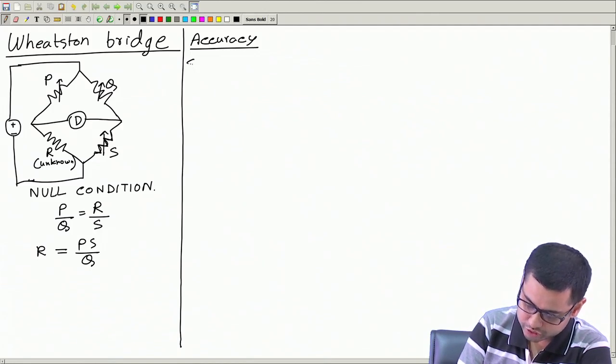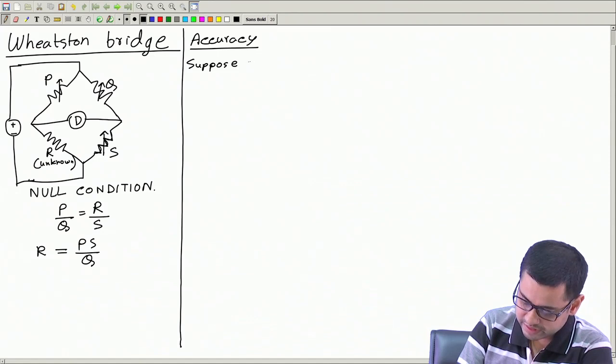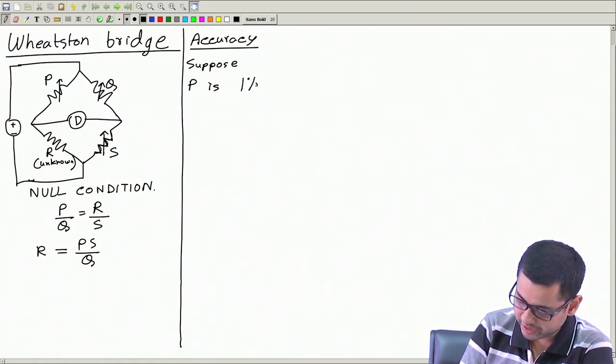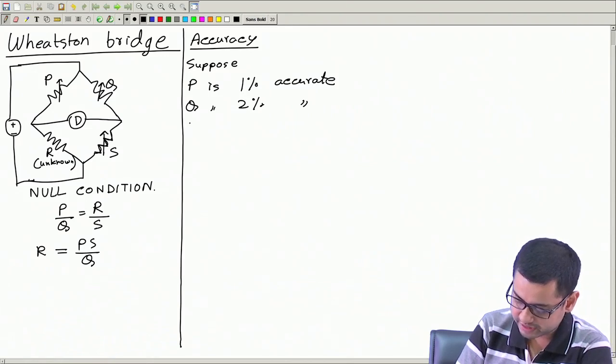Suppose these resistances P, Q and S, which are known, have an accuracy or error of, say, P is 1% inaccurate, Q is 2%, and S is 3%.